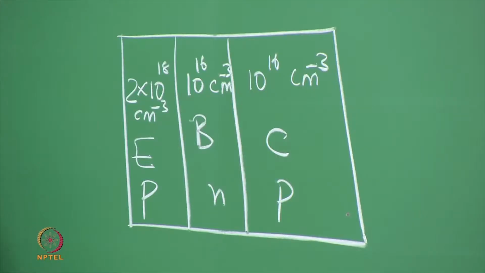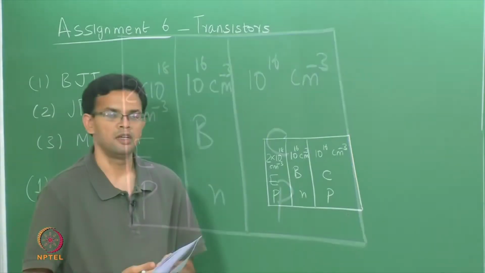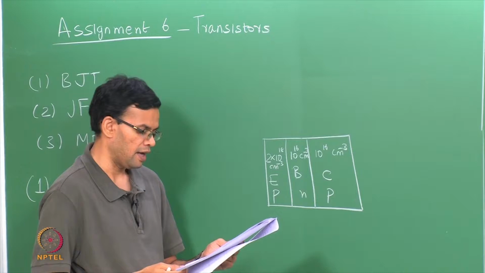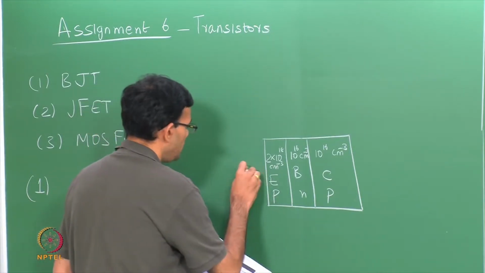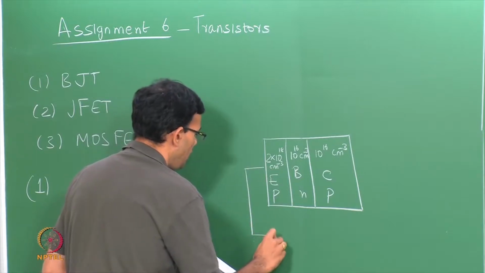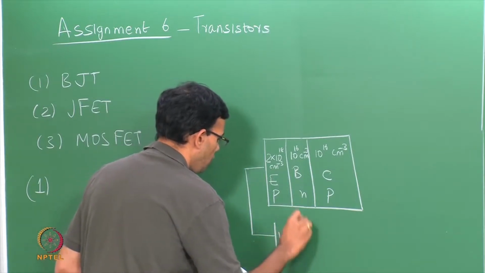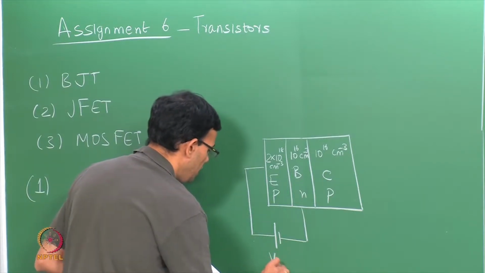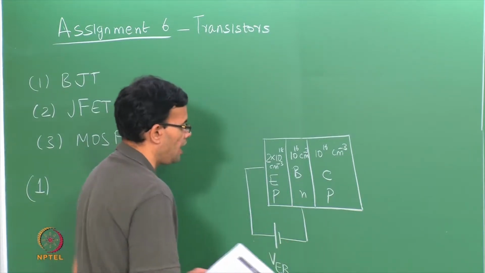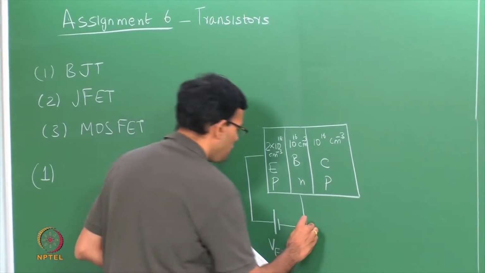So, there are different configurations in which a transistor is connected. Here we are going to look at a connection where we have a common base mode. In this particular case, the emitter base junction is forward biased by VEB, and the collector base junction is reverse biased.